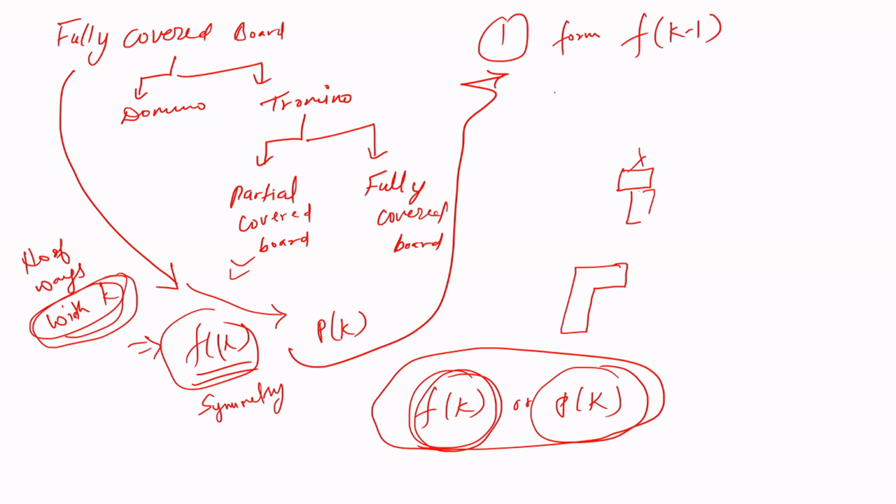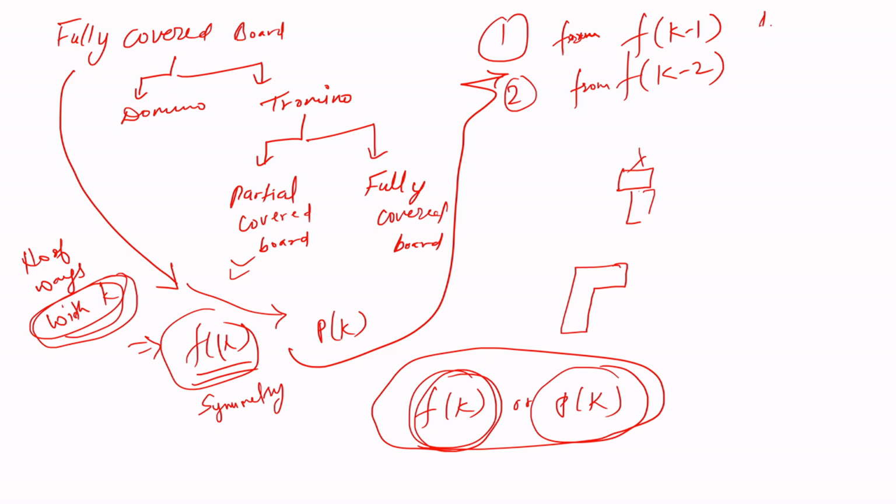In this, we can add one vertical domino for each tiling in a fully covered board with a width of k minus 1, right? And if we talk about this form, we will form from f of k minus 2. So in this we will add two horizontal dominoes.